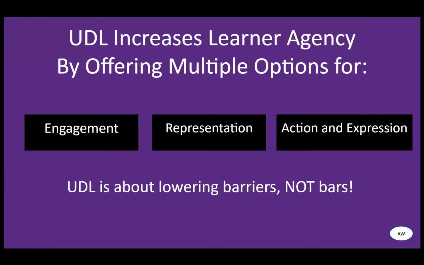There may be a principle or a more specific focus under the guidelines that will allow you and your learners to notch a quick win, or you may notice a clear area for growth or for impact within your course. You and your learners will use the tools that are best suited to your context in that moment. UDL is about lowering the barriers, not the bars.